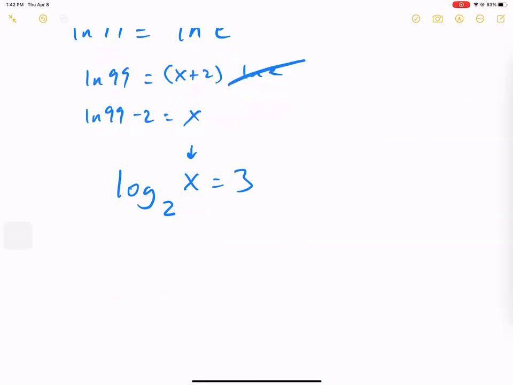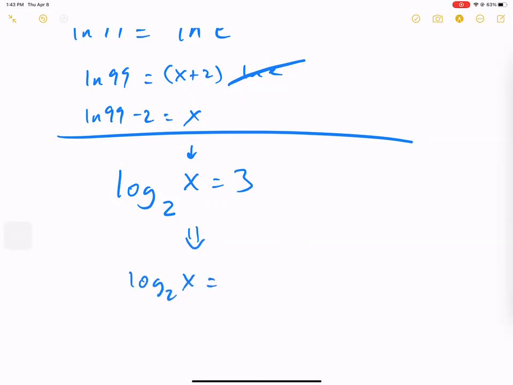What do logs solve for? That's my question. What do logs solve for? Logs solve for exponents, right? So here's what we want to say. 3 is not a regular 3. 3 is an exponent. So our next step here: log base 2 of x is equal to 3. And this is the trick.